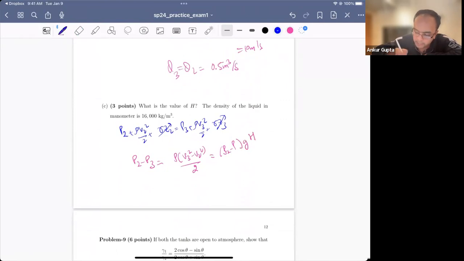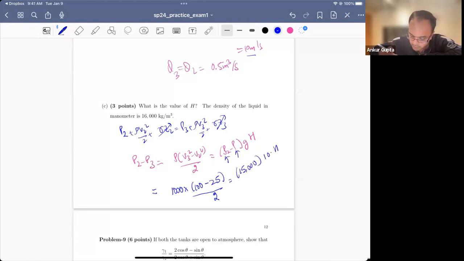Okay. So let's now plug in the numbers. So we have 1000 here. V3 was 10, so 10 square, minus 5 square, divided by 2. Rho 2 is given as 16,000, so we have 15,000, because this was 16,000 and this was 1,000, into 10 into H. So first we'll calculate the thousands.